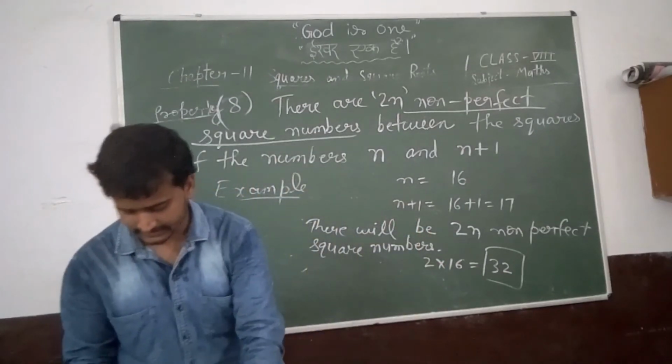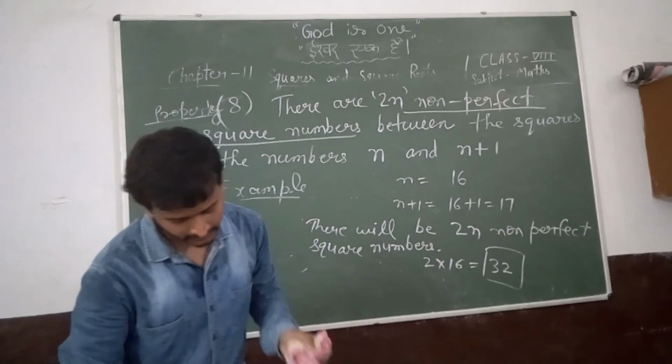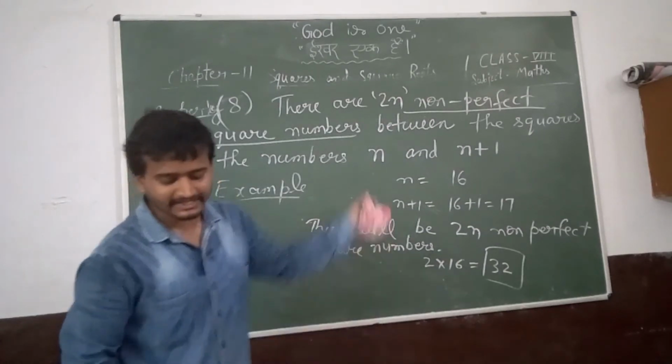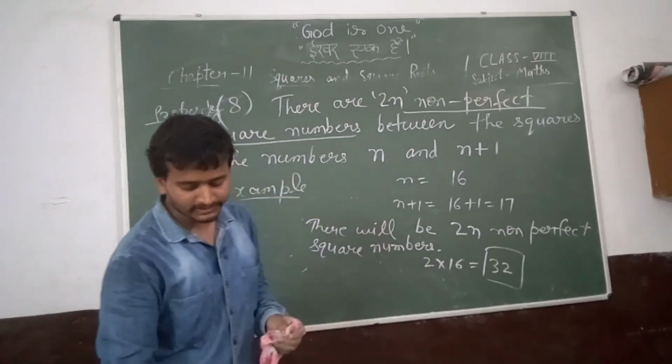The next property, and I think it is the last property, is Pythagorean triplets.